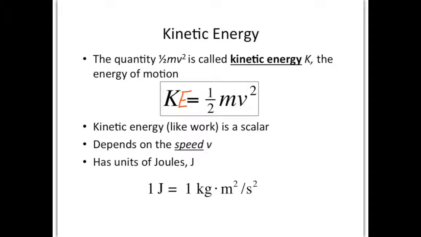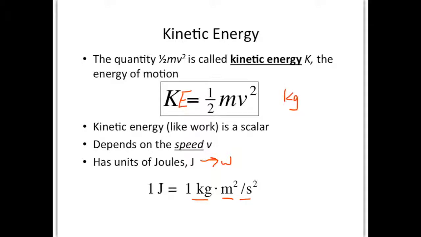It has units of joules, and we're going to see in just a little bit how it's related to work. Because remember, work is measured in joules, which is 1 kilogram meter squared per second squared. Well, let's look at kinetic energy right here. 1/2. We'll leave out the 1/2 for now because it doesn't really have a unit. It's just a coefficient. Well, what do we measure mass in? That's in kilograms, right?